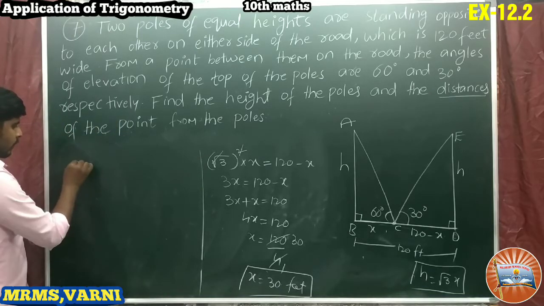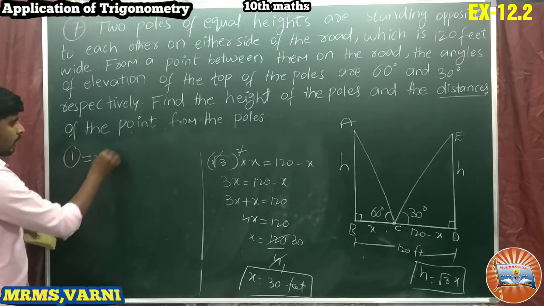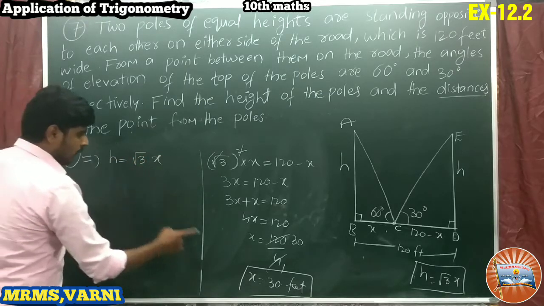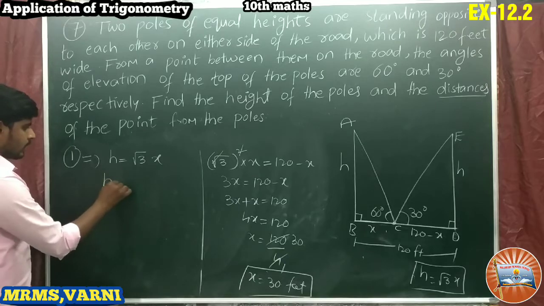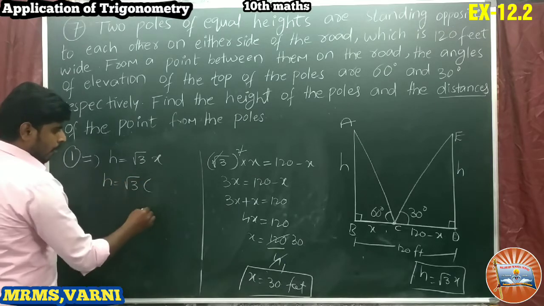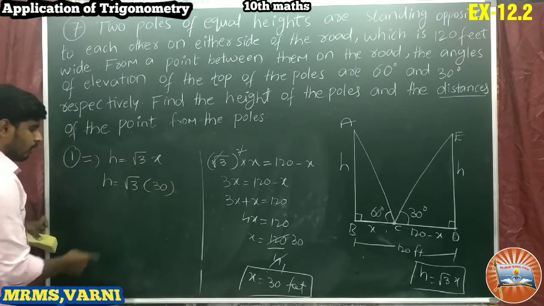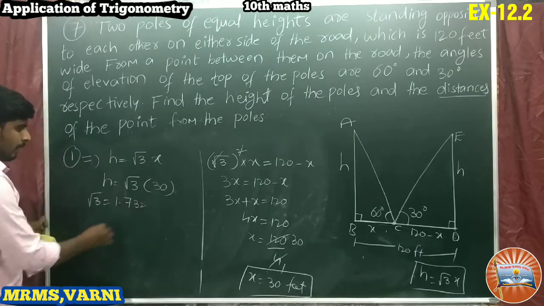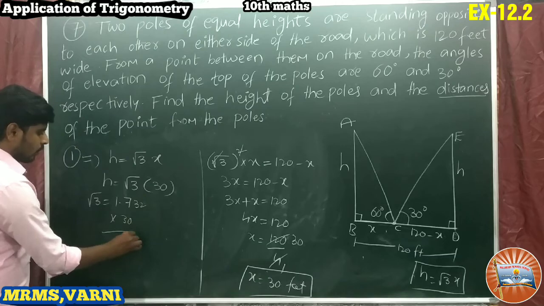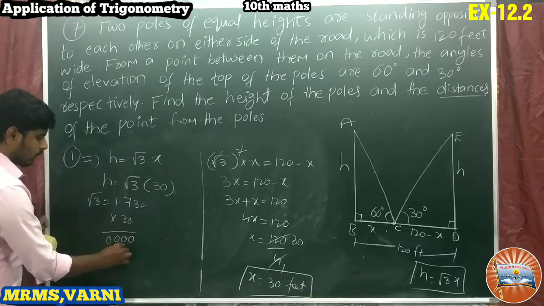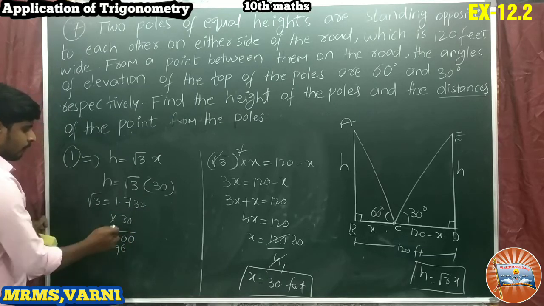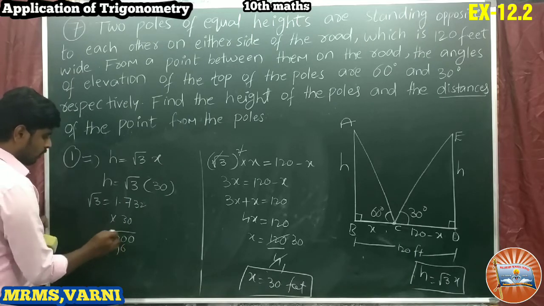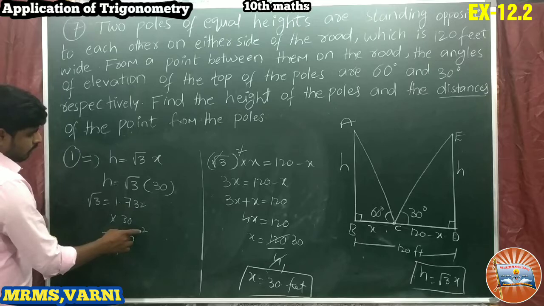Okay, what is the H value from equation 1? From equation 1, H is equal to root 3 into X. X value we got 30. So H is equal to root 3 into 30. We have root 3 value as 1.732. Multiply with 30. 3 2s are 6, 3 3s are 9, 3 7s are 21, 1 here, 2 carry, 3 1s are 3.